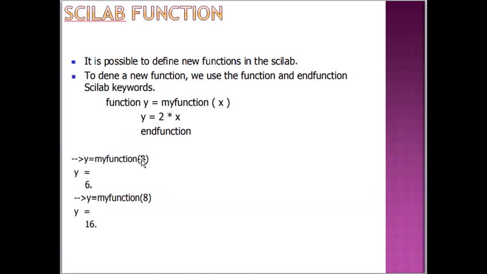So the x value is 3, then the output that will come here is 6. Similarly, if we write x is equal to 8, then using the function we defined earlier we get y is equal to 16. Is it okay?